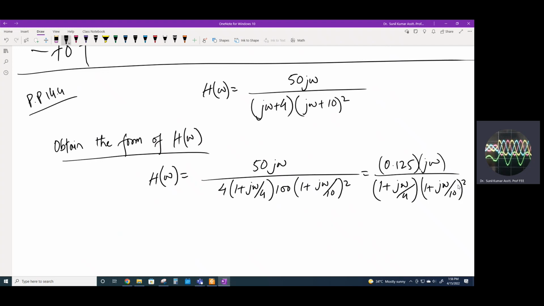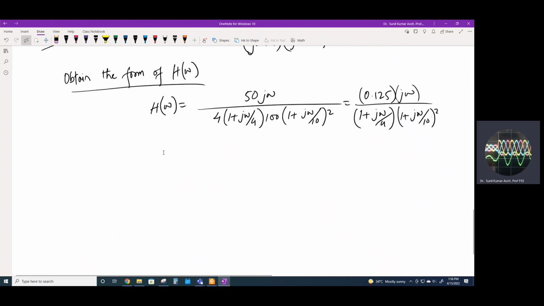So again, we see that there are more poles than zeros. So the slope will go somewhere on the negative side of the vertical axis. So let's see.